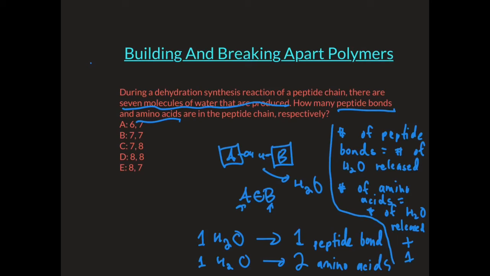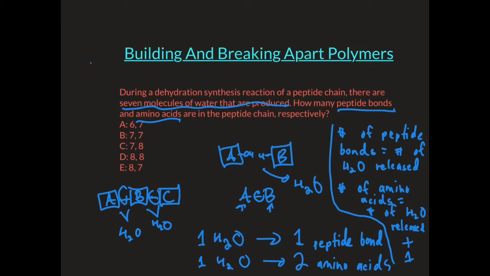And so let's say, for example, we had A, B, C that was formed. In the dehydration reaction, we'd have an H2O released here and an H2O released here. So H2O is released for each peptide bond, and we have 3 total amino acids with 2 peptide bonds.